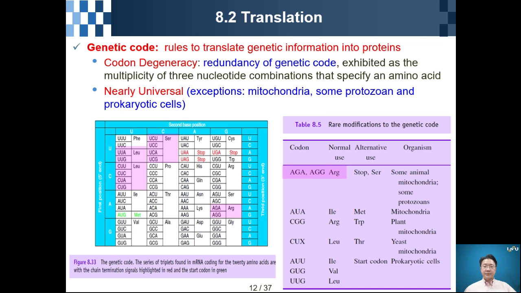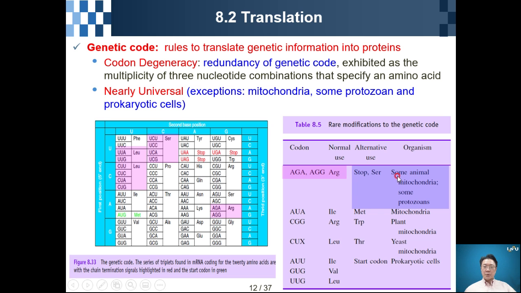For example, the codons AGA and AGG universally encode arginine. However, in some animal mitochondria or in some protozoa, they can be used as a stop codon or serine. So this is an exception. It's not something that happens often, but there is some exception.